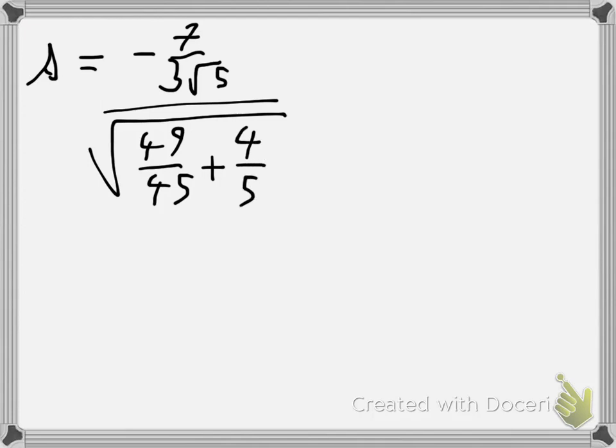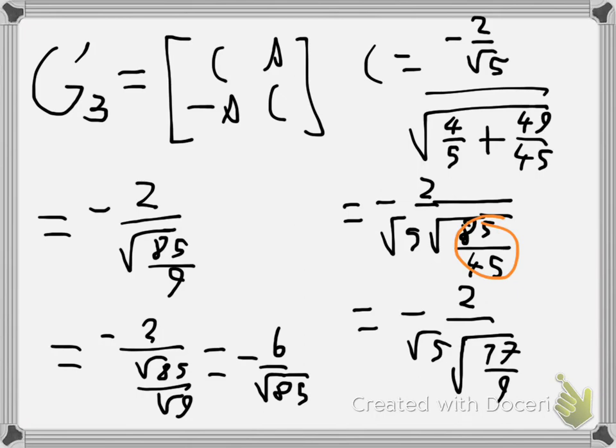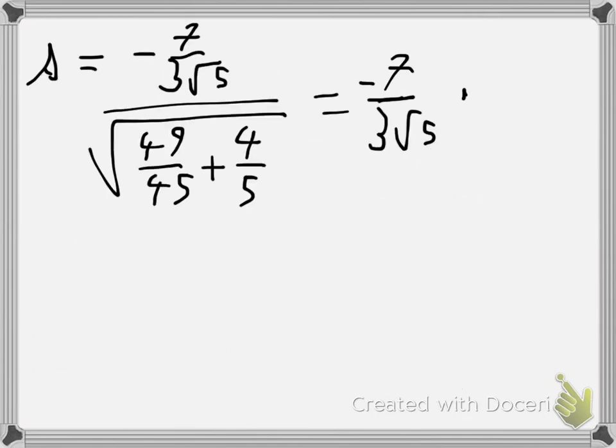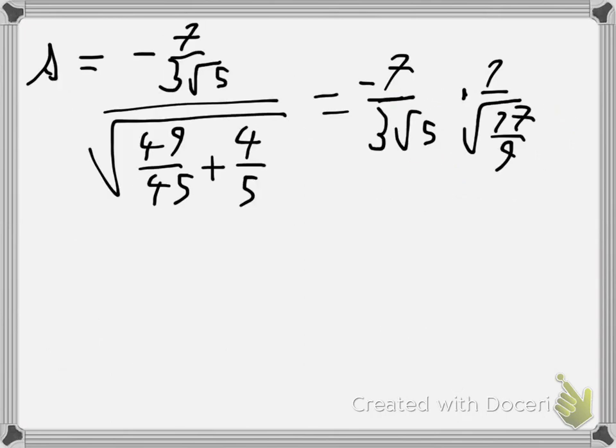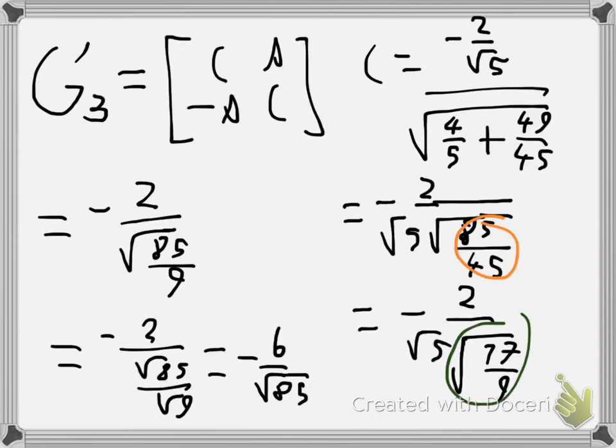Okay, and so we can rearrange that again. We get negative 7 over 3 times square root of 5 times 1 over square root of 17 over 9. Okay, because these are the same values as here, basically. And so we can find this here.